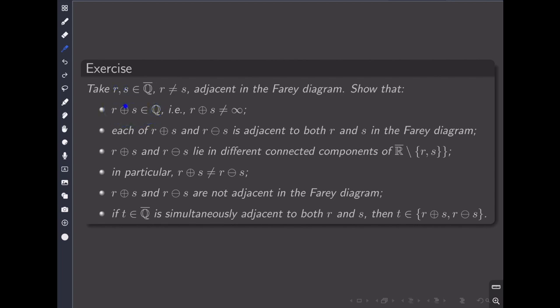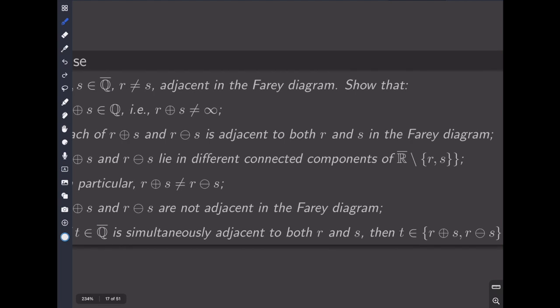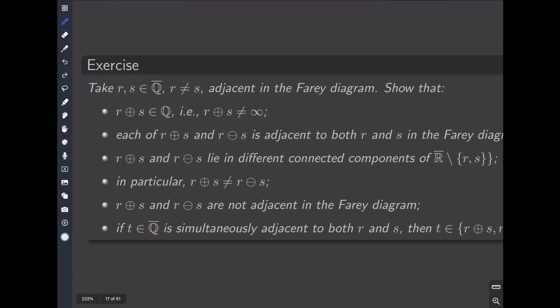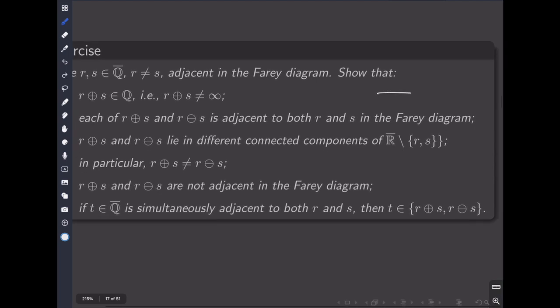So that's the point of this: even if one of them is infinity, the naive addition is always a rational number, provided they are different. Second, each of the naive addition and naive subtraction are adjacent to both of them, provided, and here I have to say, of course, if R and S are adjacent.